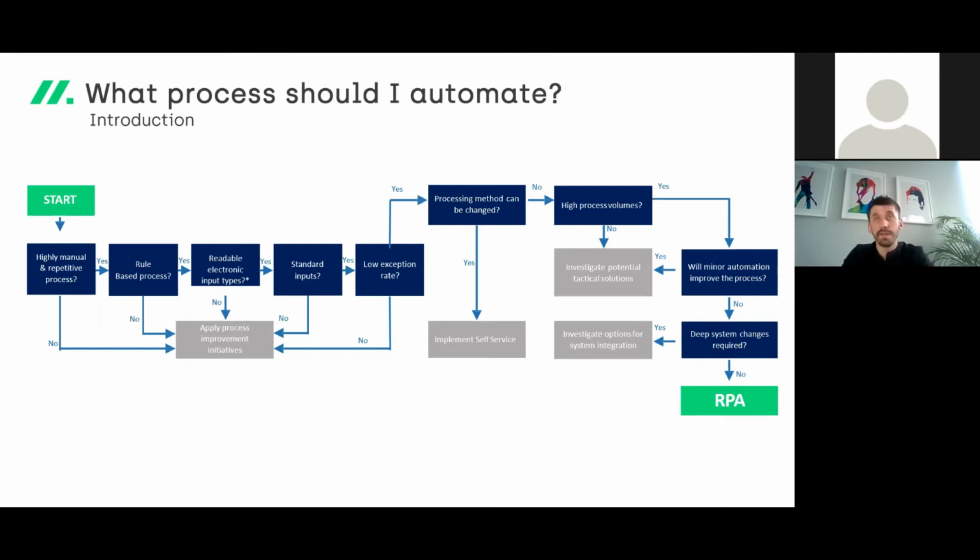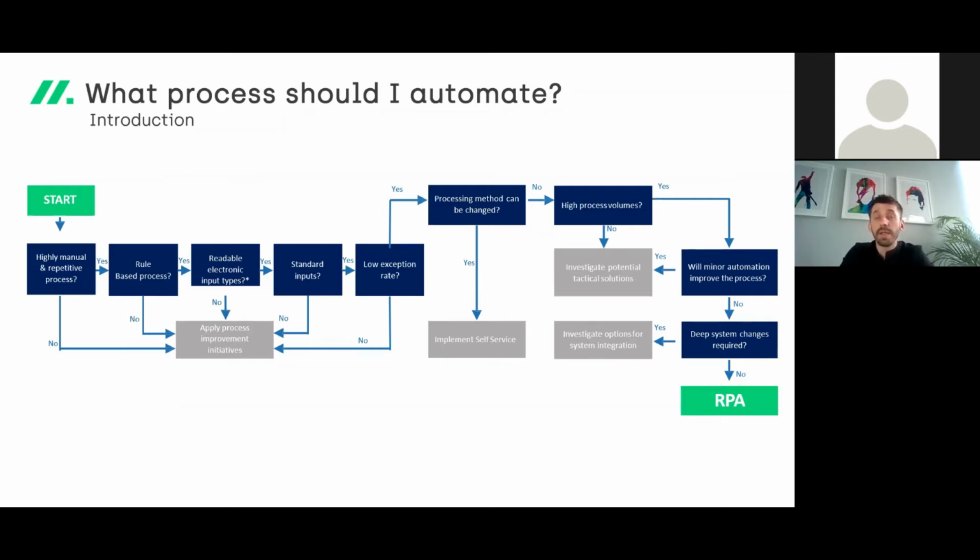If yes, again, we can move on. The next question is whether the processing method can be changed. If it can be changed, then we could consider implementing self-service. If no, then let's move on.